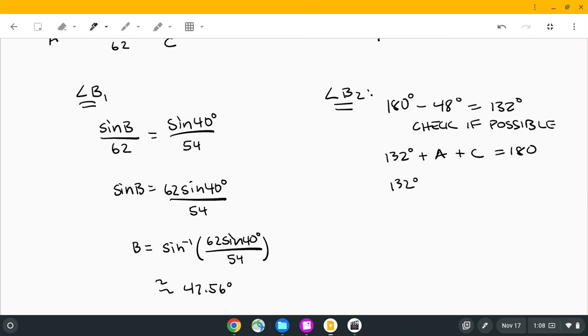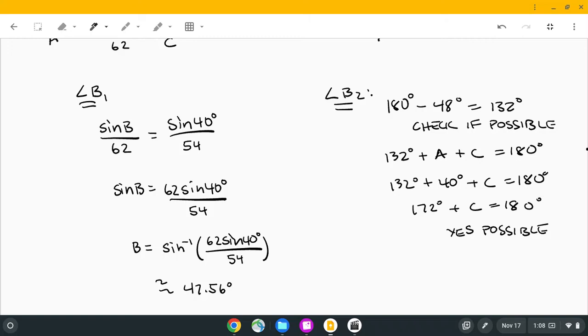So 132 plus 40 plus C. Is there room for it to make 180? Yeah, because we get 172, right? 172 plus C equals 180. Okay, so yes, it's possible. So we do have two triangles.